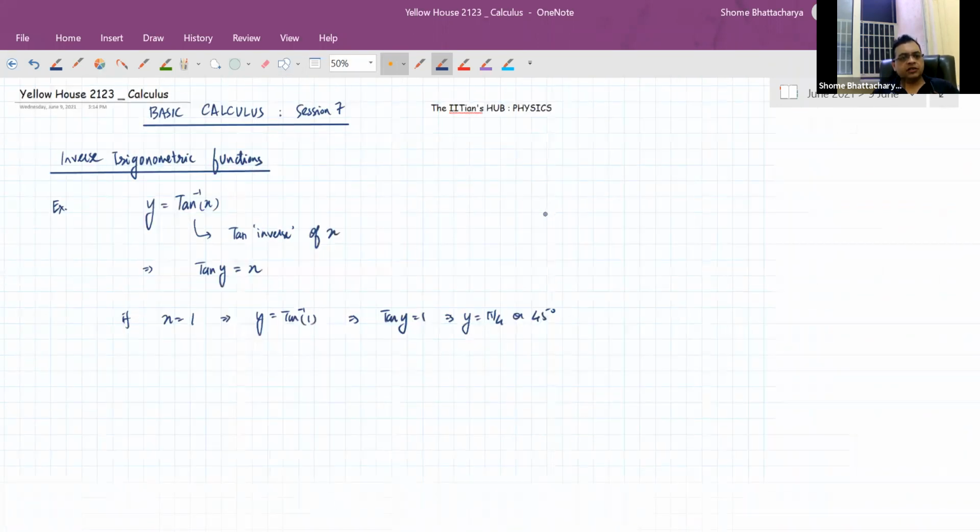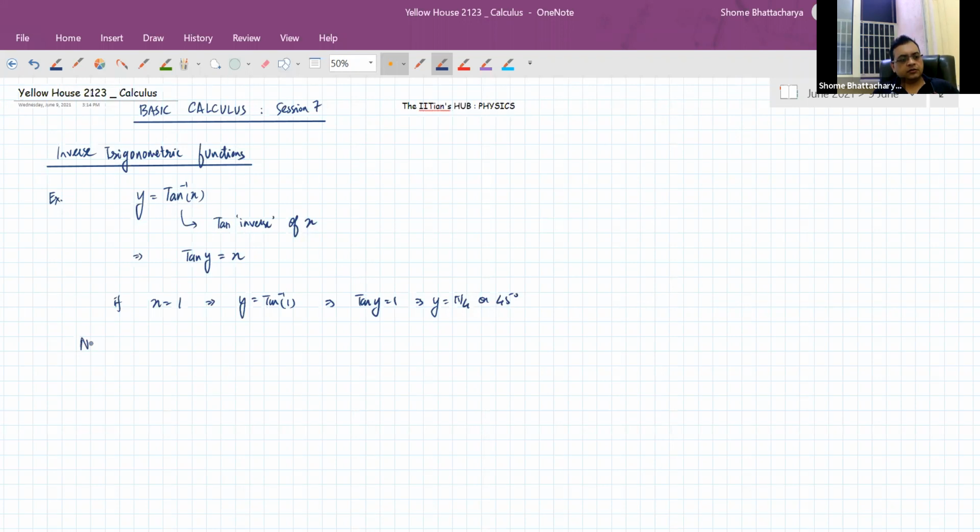So that is one thing to understand over here: trigonometrically, tan y equal to 1 implies that y is equal to 2n pi plus pi by 4 or (2n plus 1) pi plus pi by 4, the general solution.